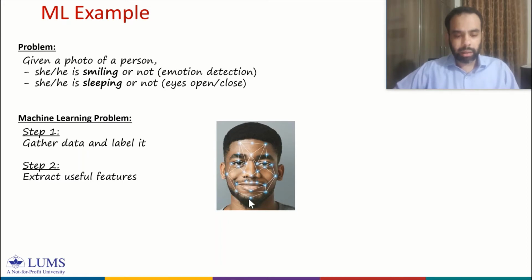These points represent features of this photo, or for any photo we can have these markers, or these points on each photo. The relationship between these points enables us to determine whether the person is smiling or not, the eyes are open or not, and so on.